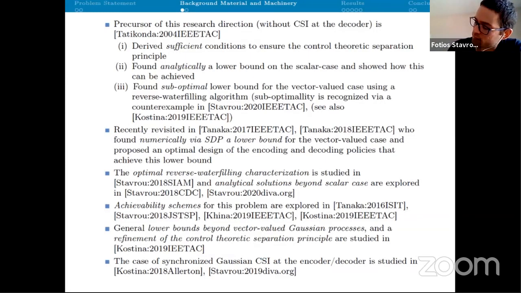Some examples include Tanaka, Stavrou, Kipnis, and Kostina. General lower bounds beyond multivariate Gaussian processes and the refinement of the separation principle were studied by Kostina in 2019. The case of synchronized Gaussian causal side information at the encoder and/or the decoder is studied in Kostina and Stavrou independently.